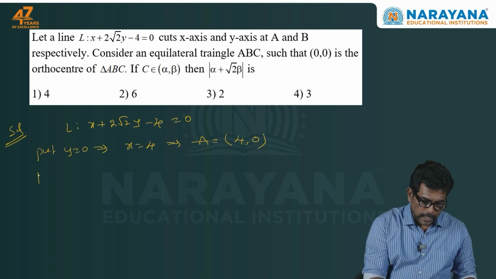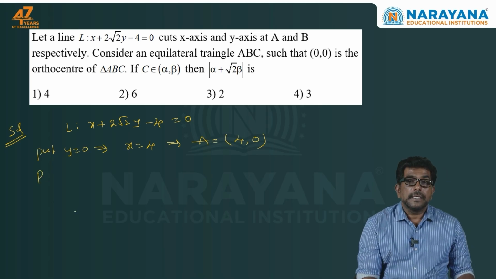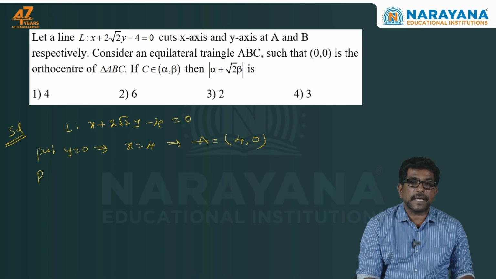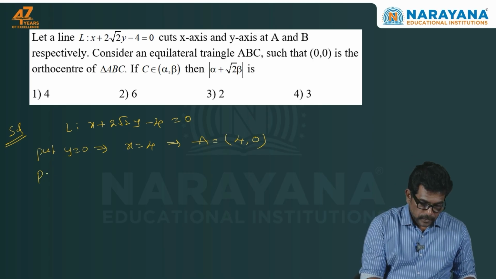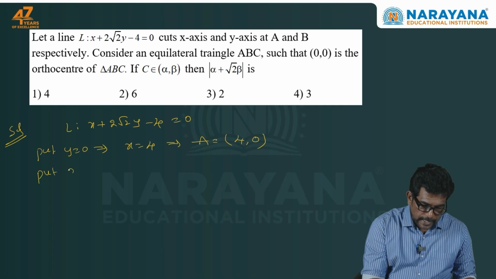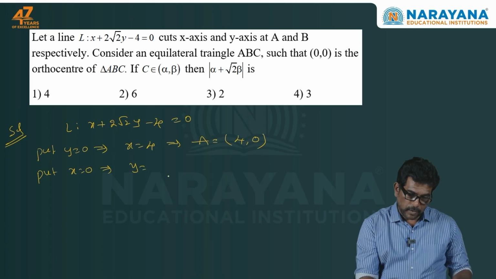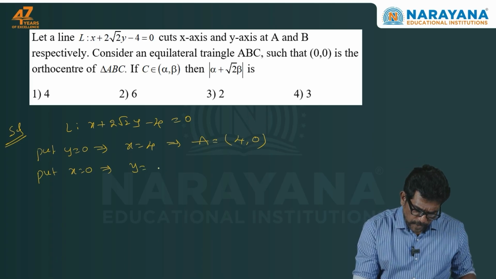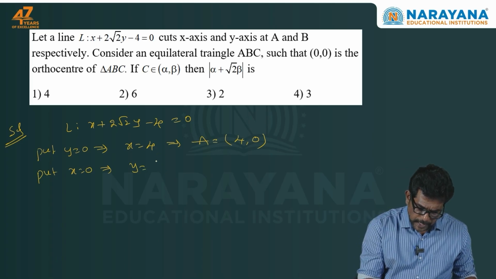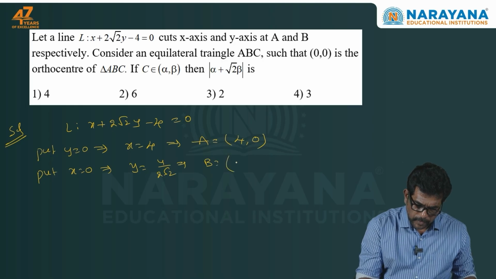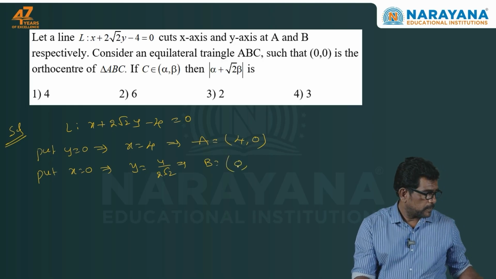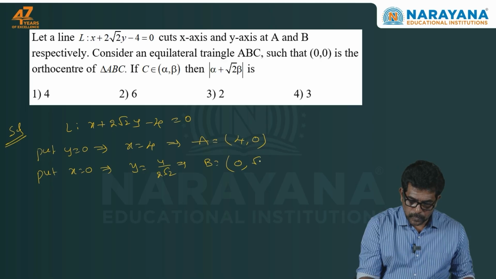Similarly, the line cuts the y-axis at B. So to get the B coordinates, put x is equal to 0. By substituting x is equal to 0, y is equal to 4 by 2 root 2. It implies B is equal to 0 comma root 2.